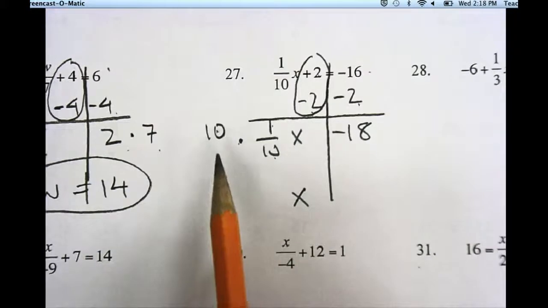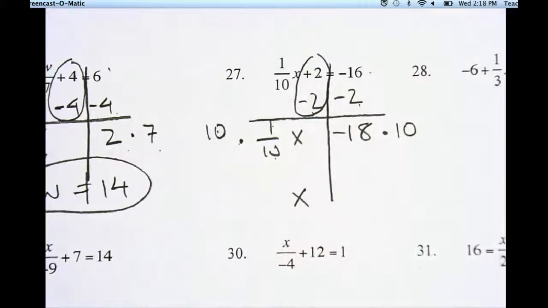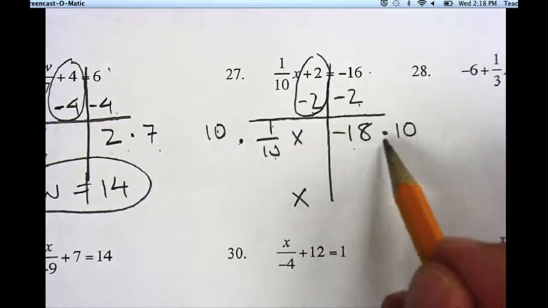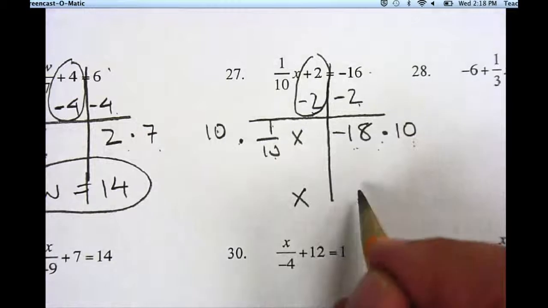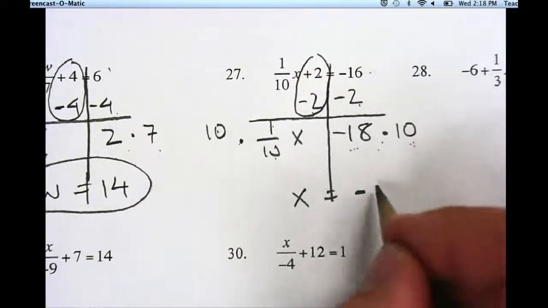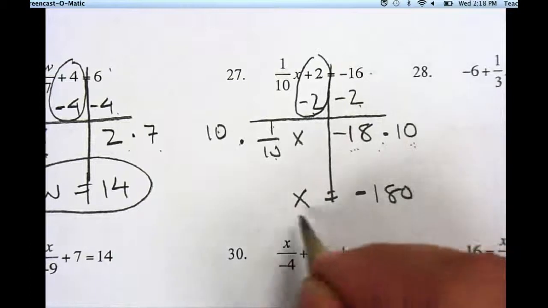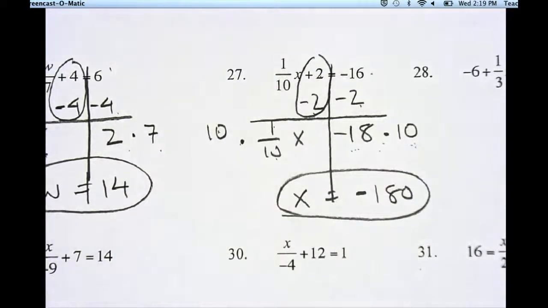But remember, I multiplied this side by 10. So to keep it balanced, I have to multiply the other side by 10 also. Negative 18 times 10, a negative times a positive is going to be negative, and then 18 times 10 is going to be negative 180. So the answer for that one is negative 180.